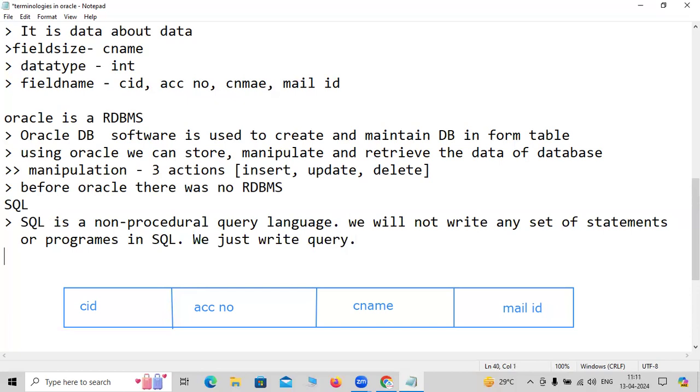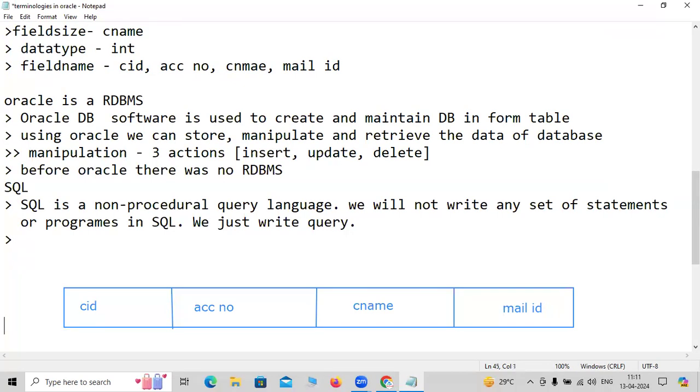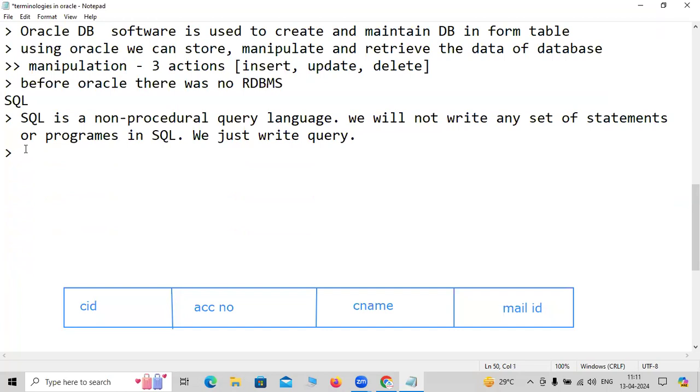SQL is a unified language. What do we mean by a unified language? We have various databases like Oracle, MySQL, SQL Server.